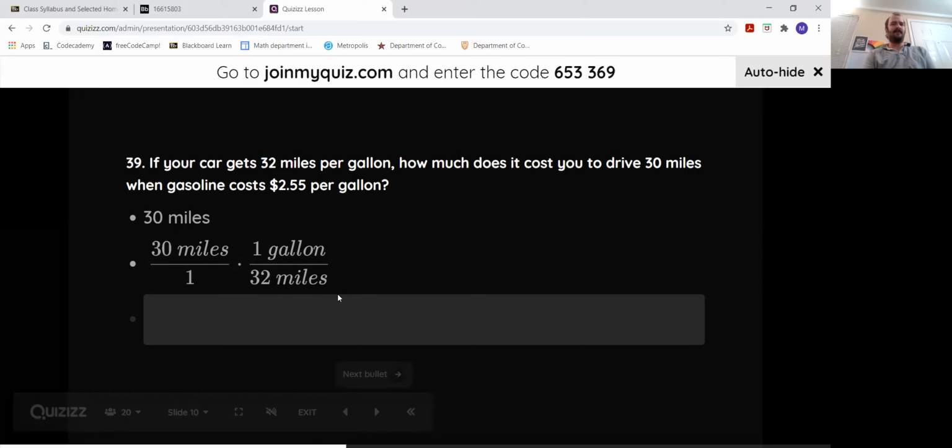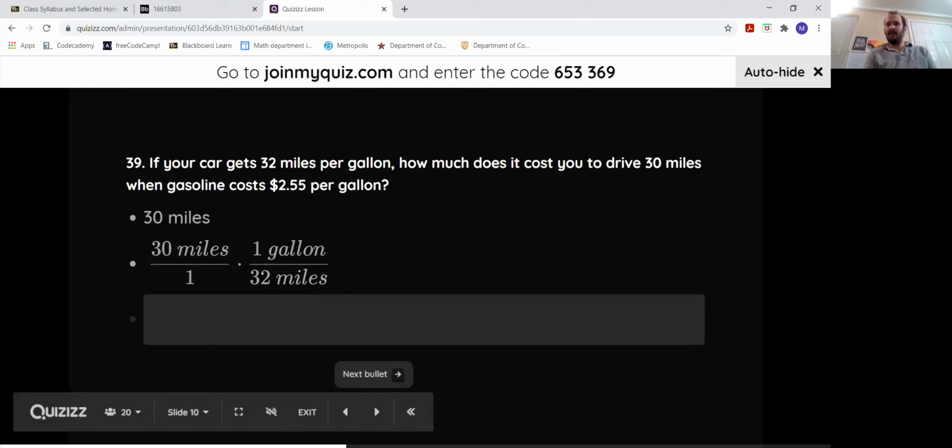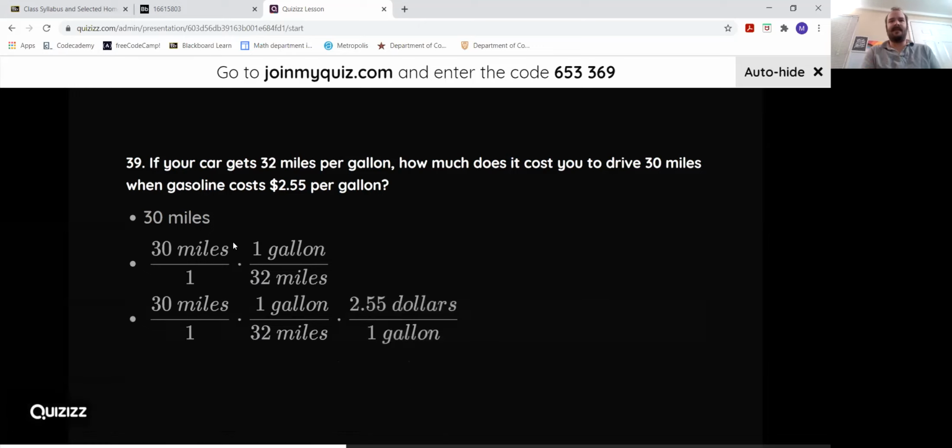Do I put miles on top or bottom? But what this thing tells me over here, this 30 miles, is that these things should be opposite to simplify out my miles. And then the last step, I have gallons on top here. I want to get rid of gallons, so my gallons have to be on bottom here.